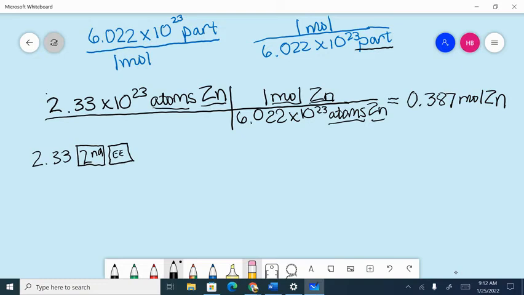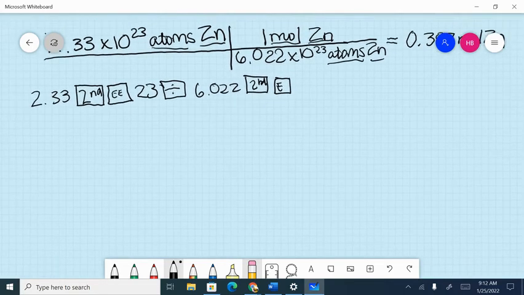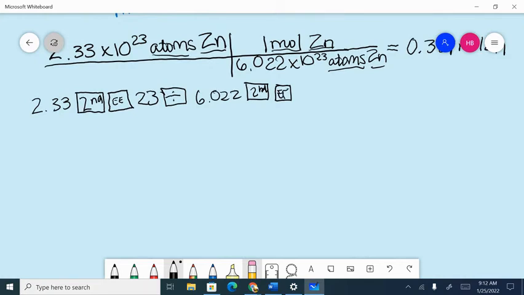Remember, we don't use the times sign. We don't use the number 10. You just tell it what the exponent is. If you use the times sign, you will get this answer incorrect. Then we're going to push the divided by key, and then 6.022, second, EE, 23.